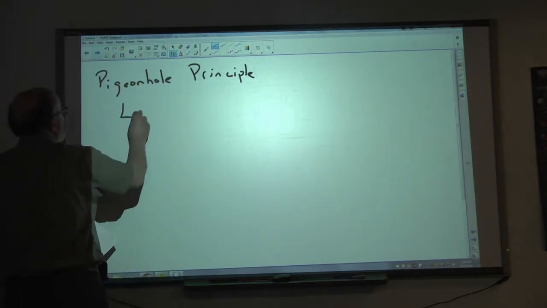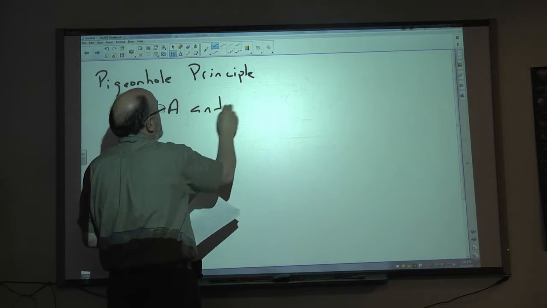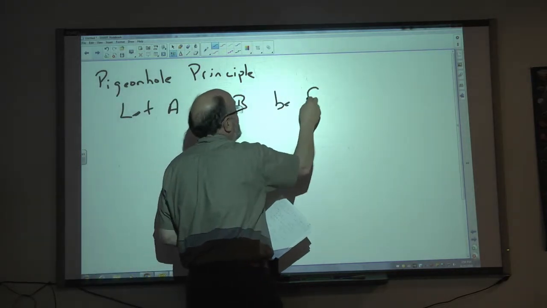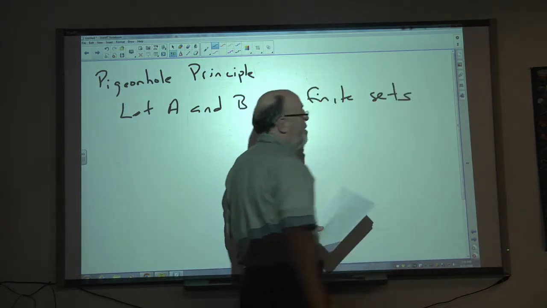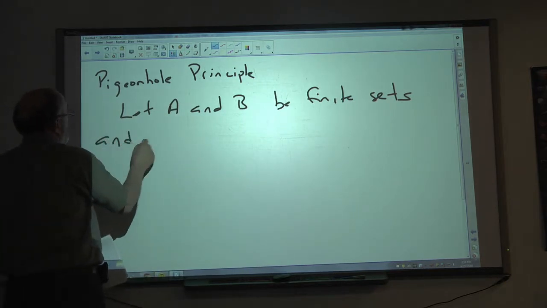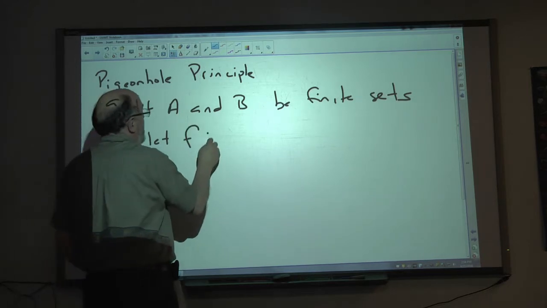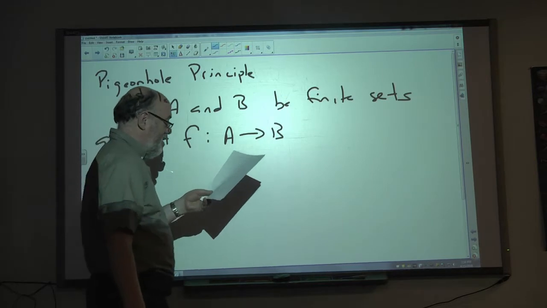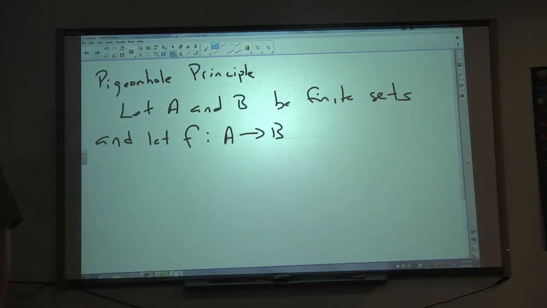Let A and B be finite sets, and a function F which is going to take A and match it onto B. Finite set means we can count the number of elements in there.